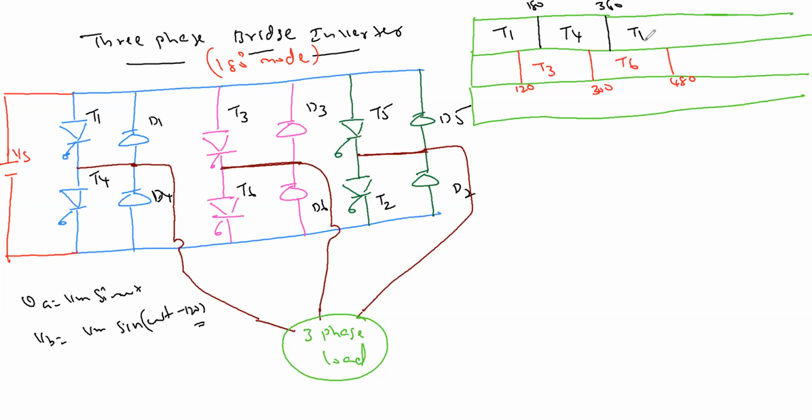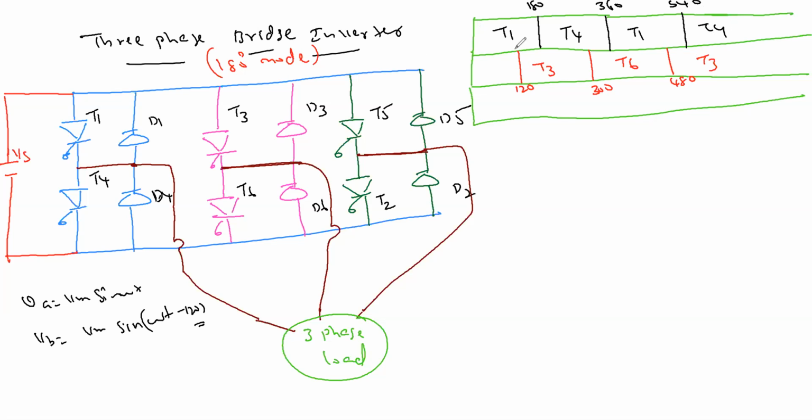Of course, this is T1. Next one is 360, up to this one. 360 plus 180, how much? 540. And it keeps on going. T4 and here T3. Did you understand this point?